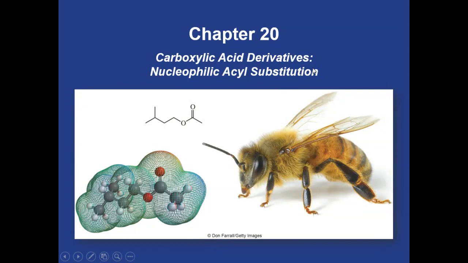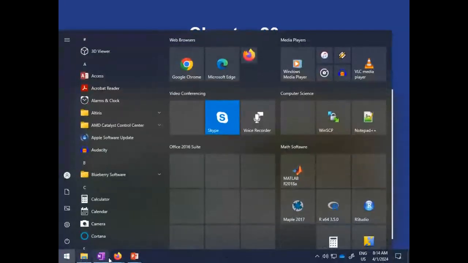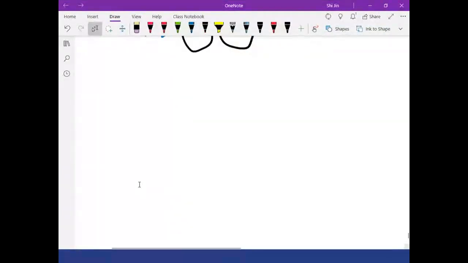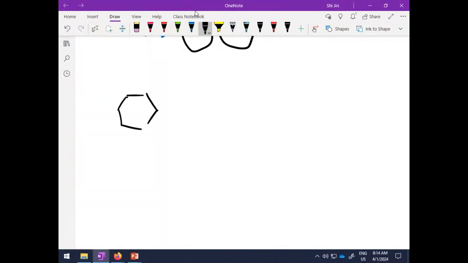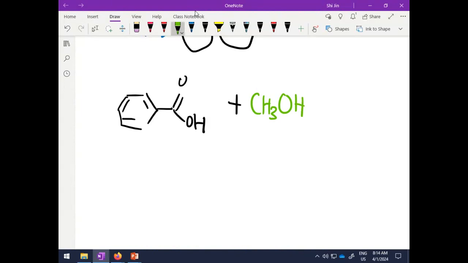If you look at the Fischer esterification reaction, just using one example, I believe that's the sample reaction we were looking at. You have benzoic acid, then you react it with, say, CH3OH, and this reaction generally is catalyzed by acid.